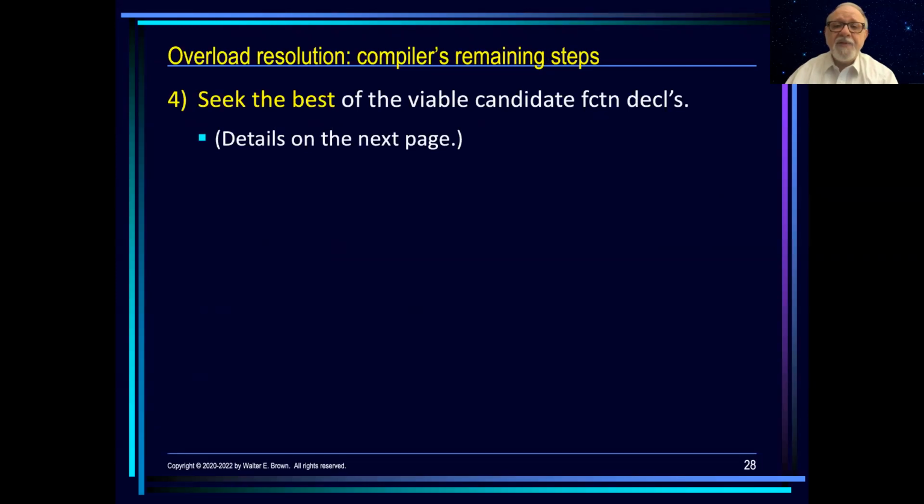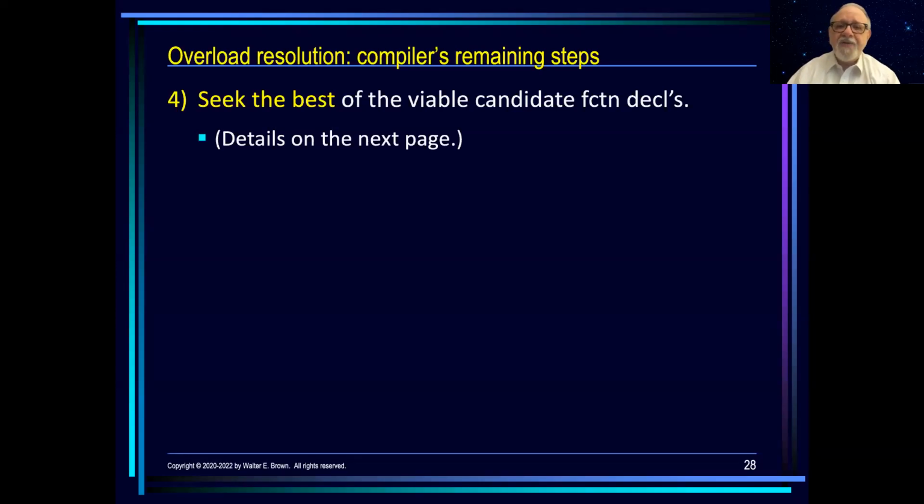The next step is for the compiler to decide on which is the best of the remaining, namely viable, candidate function declarations. And the details of that are going to get their own page.